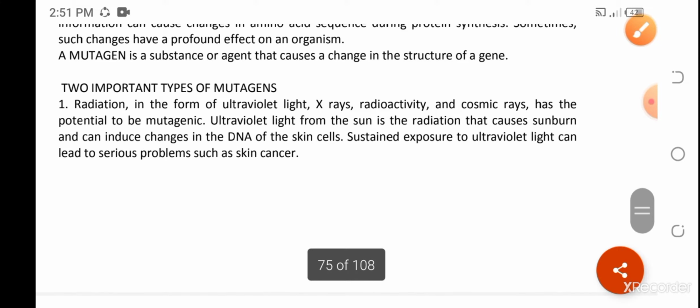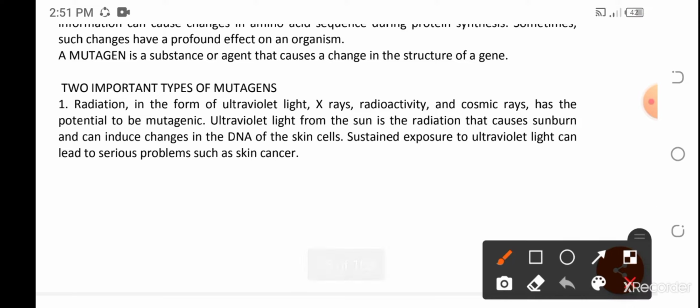Now, for radiation, this could either be in the form of ultraviolet light, X-rays, radioactivity, and cosmic rays. So, yung ultraviolet from the sun pwedeng mag-cause ng radiation, or it is a radiation that causes sunburn, which could induce the change in the DNA of the skin cells.